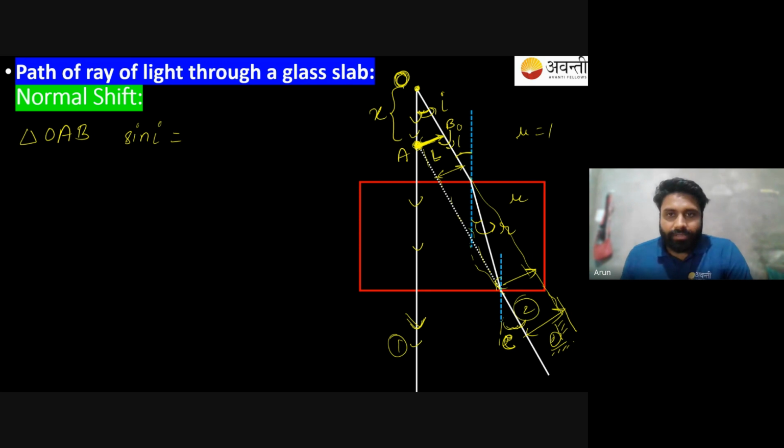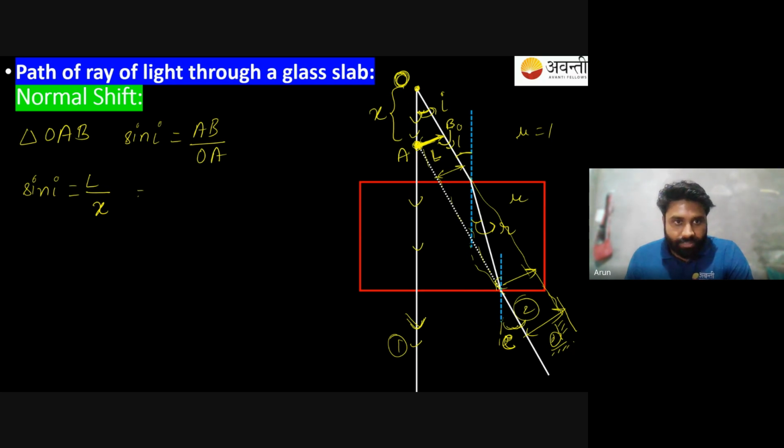The perpendicular is AB, and the hypotenuse is OA. So sin I is equal to AB over OA. AB is nothing but the lateral shift, and OA is the X, the normal shift that we want to calculate.